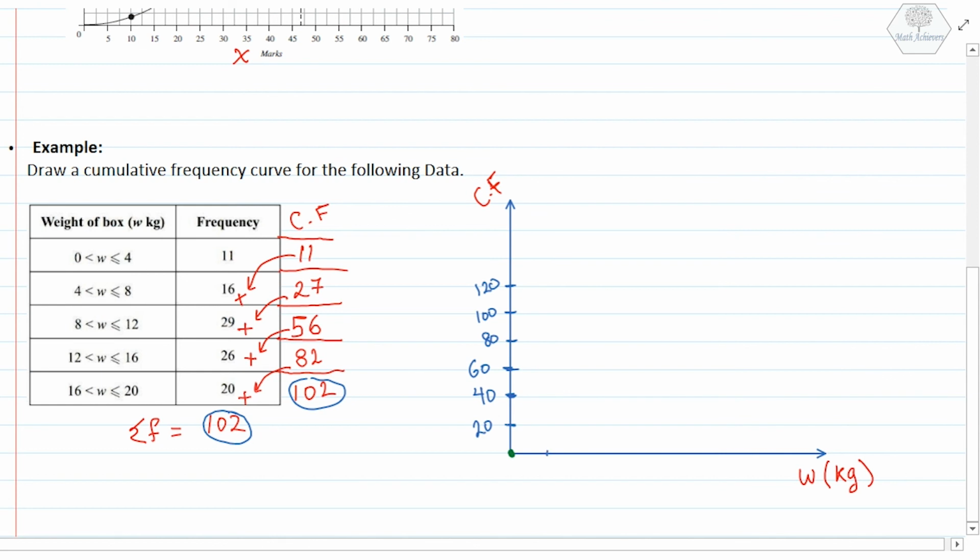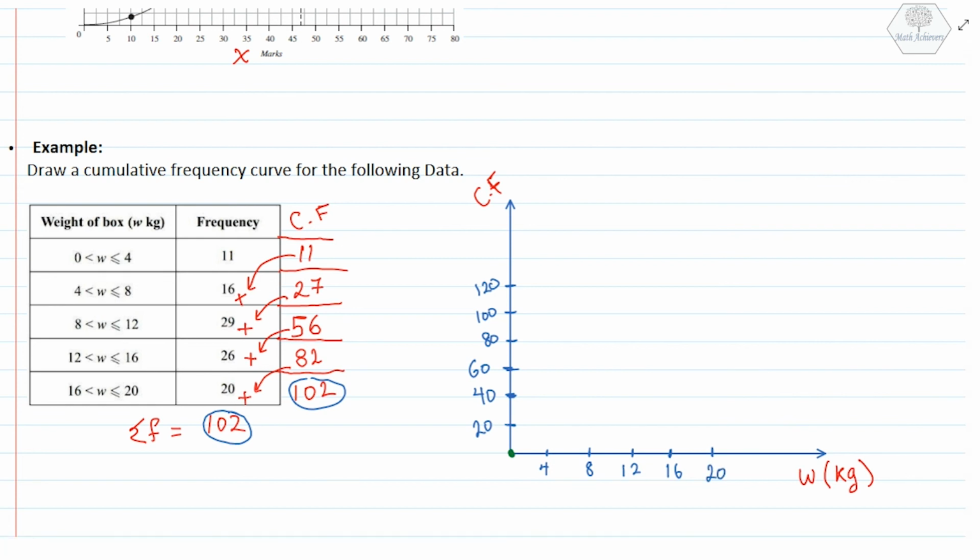Let's make this 4. This is 8. This is 12. This is 16. And this is 20. Now, let's plot. I used 0 with 0.